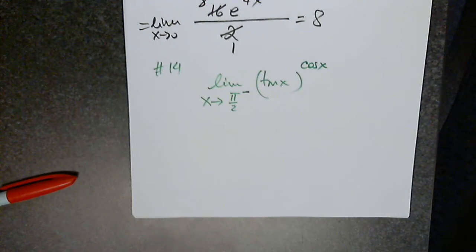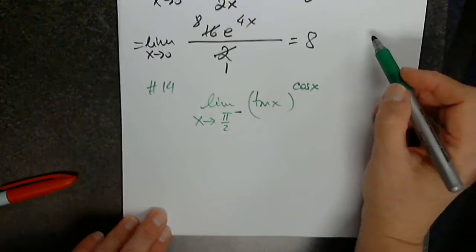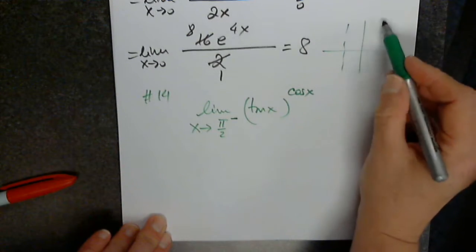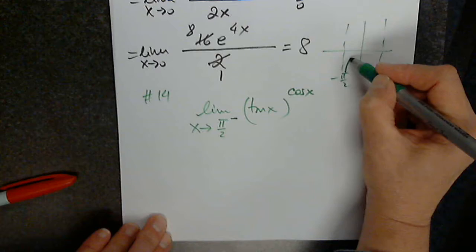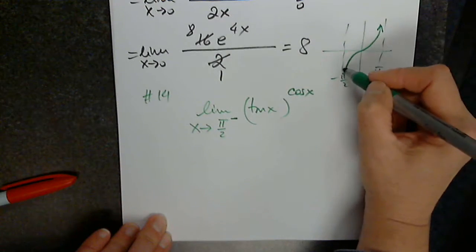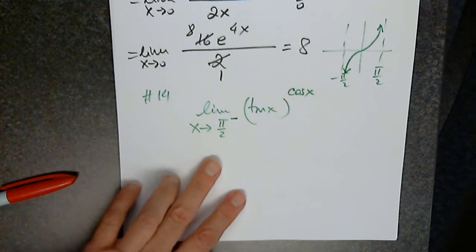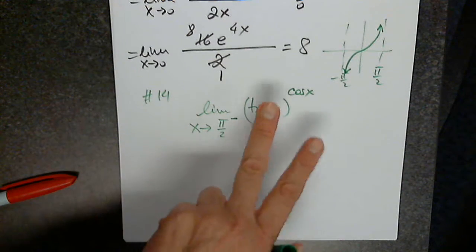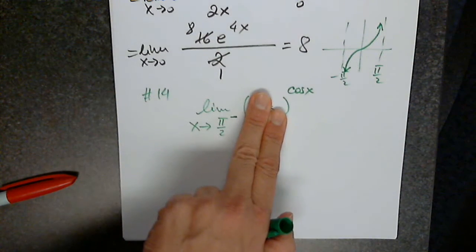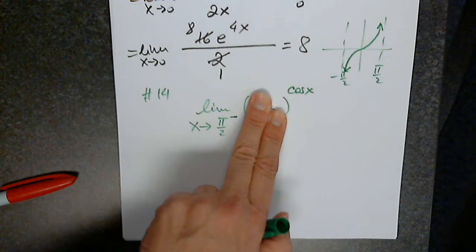So what do I do? Remember the graph of tangent between negative pi over 2 and pi over 2. So as x approaches pi over 2 from the left, look at the graph, this approaches positive infinity, correct?